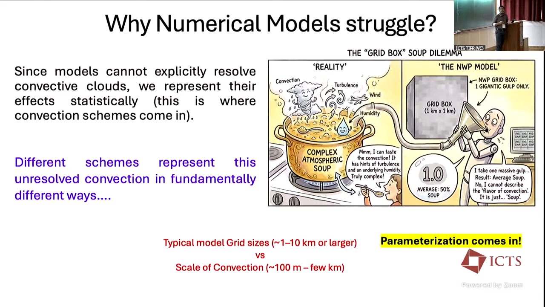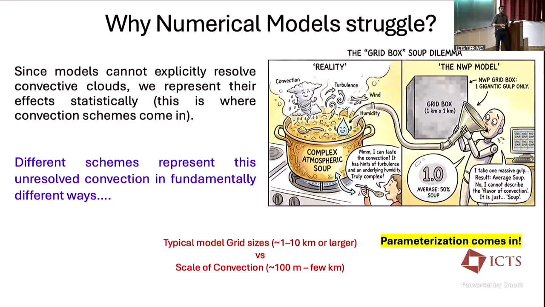The model is not able to do that. It tastes it and says it's just another soup. It doesn't differentiate the flavors of the convection. That's where the numerical models fail you.